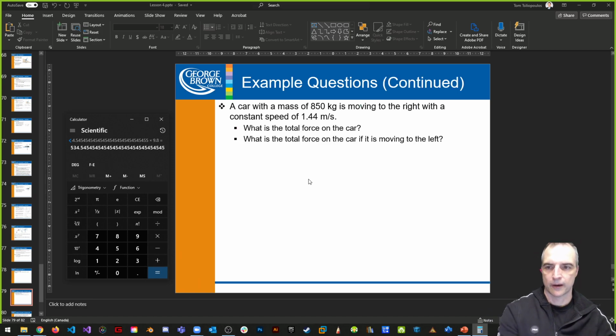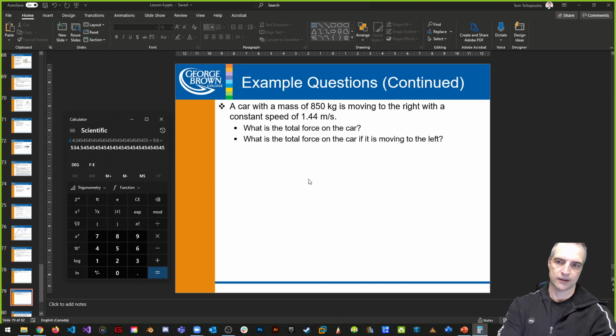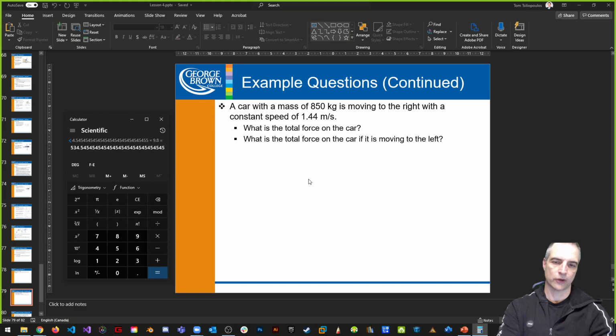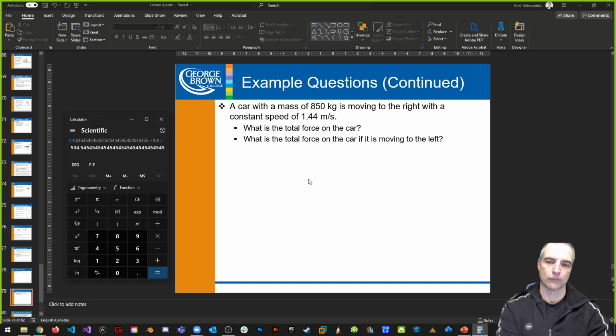All right, next one. A car with a mass of 850 kilograms is moving to the right at a constant speed of 1.44 meters per second. What is the total force on the car? What is the total force on the car if it is moving to the left? So here's something to note. I'm moving at a constant speed.